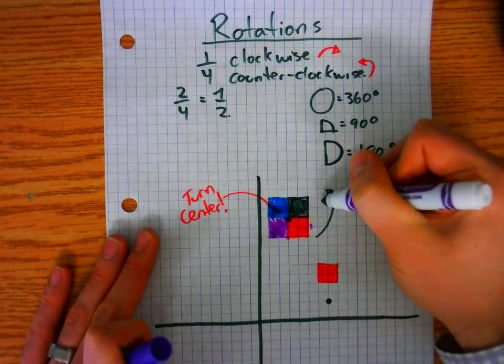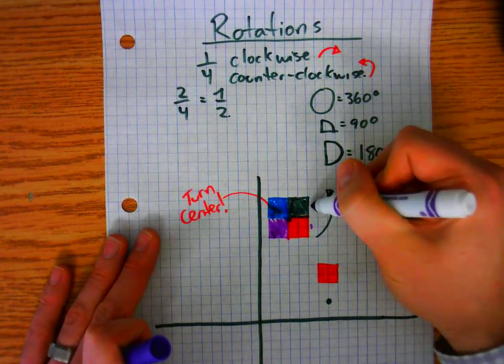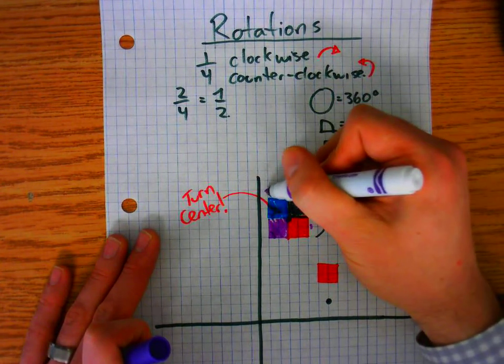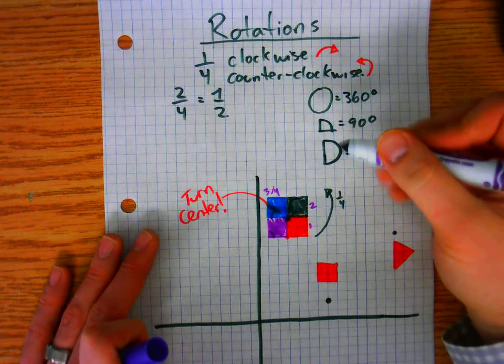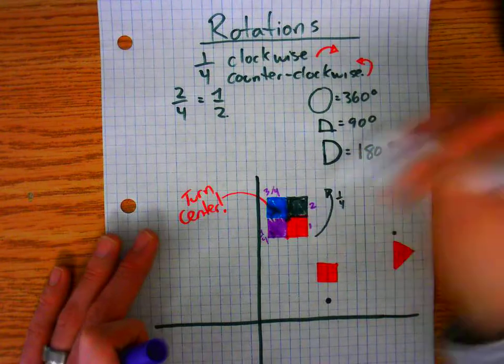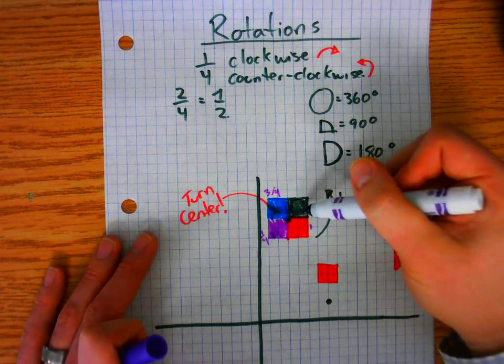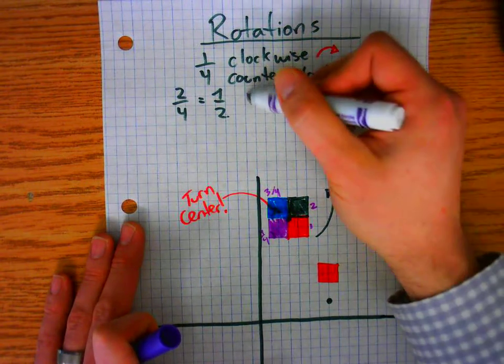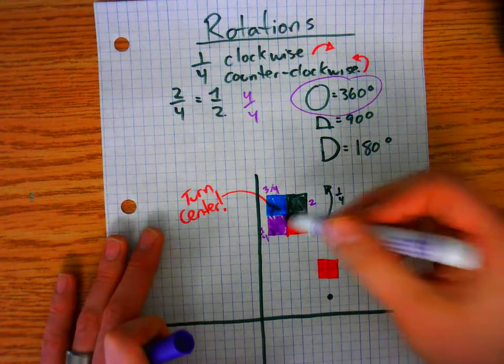And I did a quarter counterclockwise turn and ended up here, and that was 2. Then I turned again around that turn center, and this was 3 out of 4. Then when I went all the way around, I ended up doing 4 out of 4 turns. So I moved it all the way around the turn center, and that was a full 360 degrees, or 4 out of 4. Remember, that turn center is important.